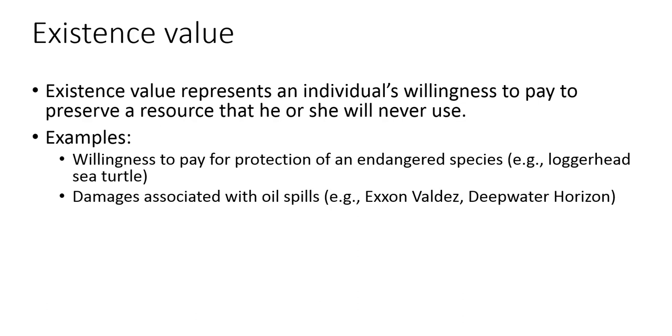You might have a willingness to pay for protection of an endangered species, for example, loggerhead sea turtle. Okay, you might like to see a loggerhead sea turtle someday, but they're reclusive animals. The moms lay eggs up on the beach at night, and they swim around the ocean. It's rare that someone sees these things, even when they're trying to.